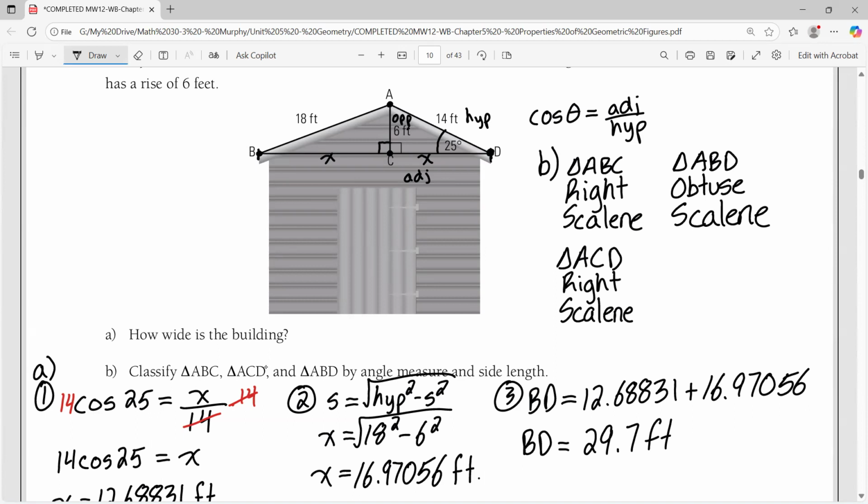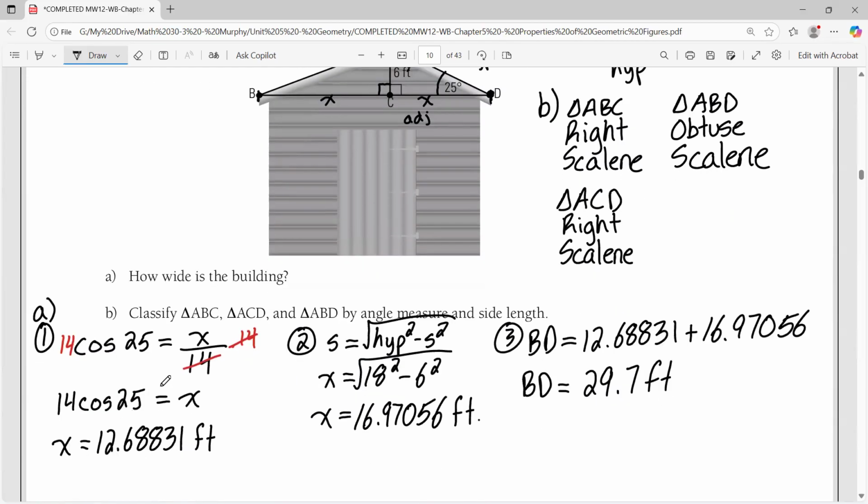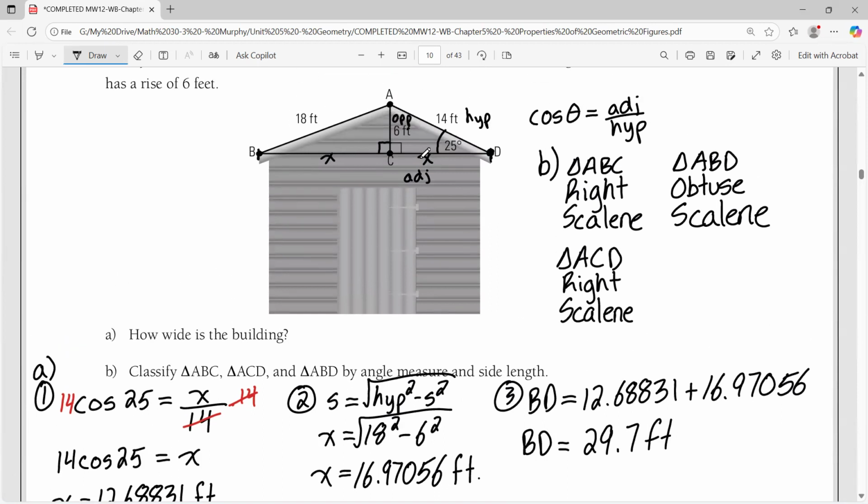Okay, and if you want to take a look at the solution on the second page here, you can, and you're going to see that their shed width comes out to 29.6. That's because they use Pythagorean theorem the whole way. Okay, so I chose to do the first step using cosine, but you could use Pythagorean theorem here as well. And you would just solve for the unknown side.